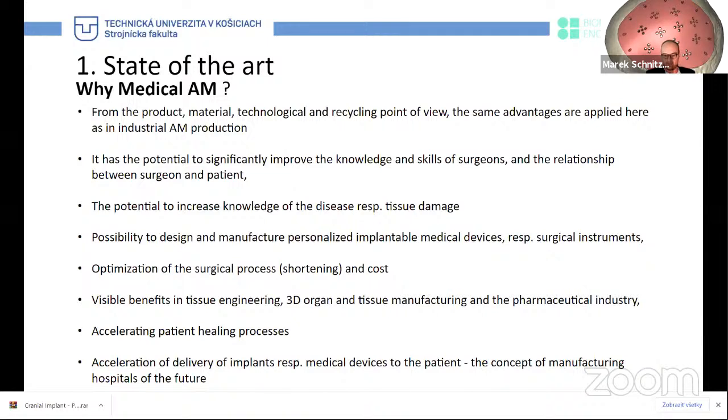There are visible benefits in tissue engineering and 3D organ and tissue manufacturing, and it accelerates healing processes, and it also accelerates the delivery of the implants and medical devices. For example, our typical cranial implants last for 2 weeks from the DICOM to delivery to the surgeon.